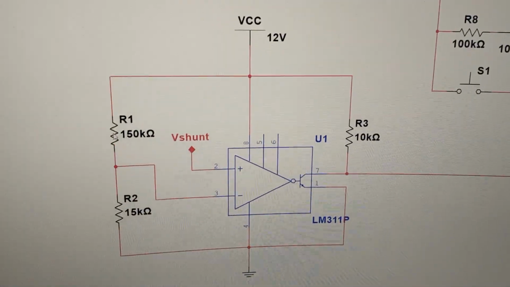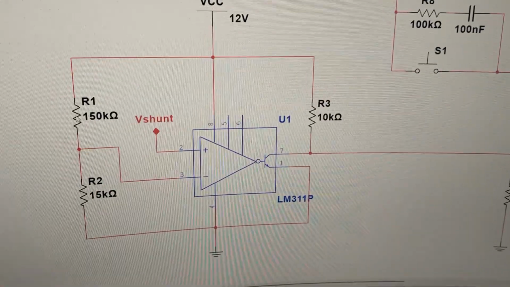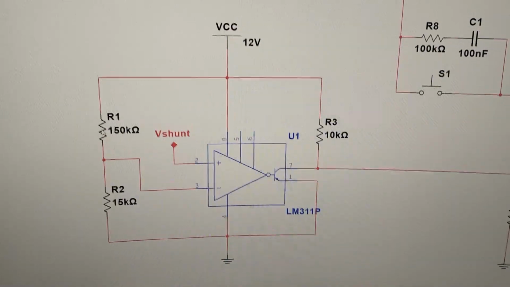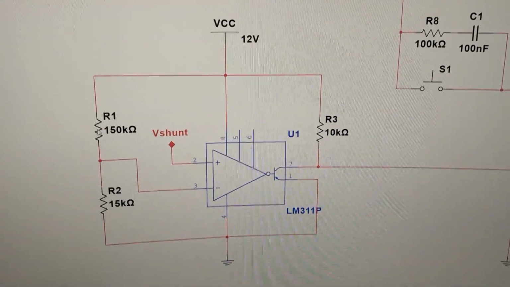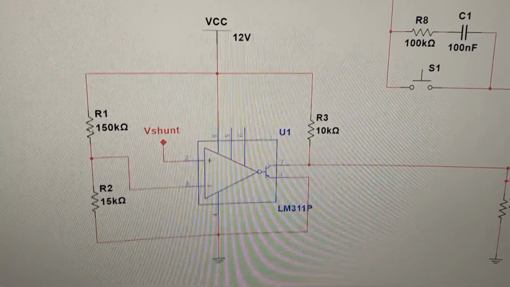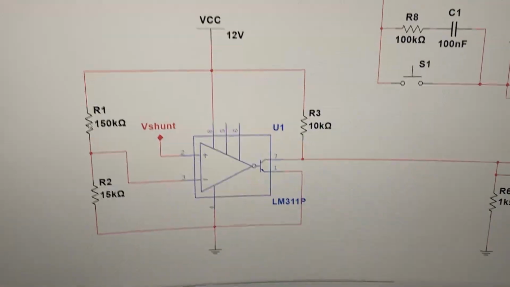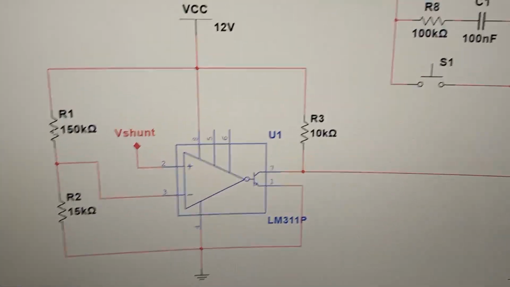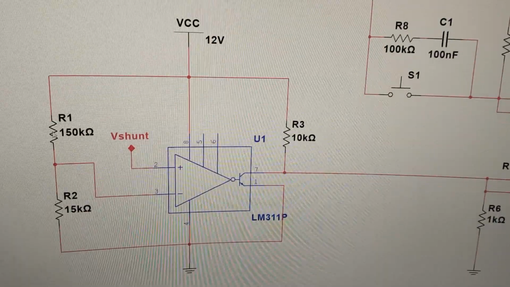So the voltage across this is going to be around 1.1 volt, and since we're using a 1 ohm current sense resistor, the current shunt, that means our safe limit is 1.1 amps. So anything below 1.1 amp, it's going to let it flow, and just in case it goes above that, it's going to turn this on and cut off the circuit.